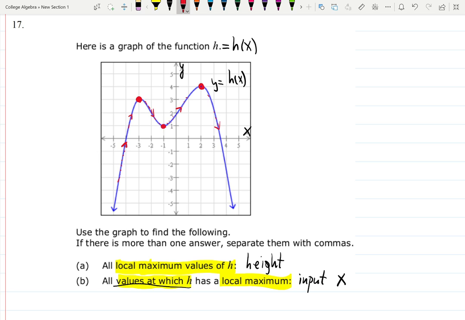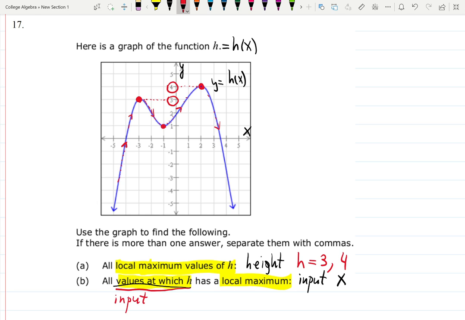For question A, they ask what those local maximums are, and the answer is the first hill happens at 3. So the height of the first hill is 3. And then for the second hill, the height is 4. So they ask how high those two hills are. For question B, they ask at which values, those are inputs.